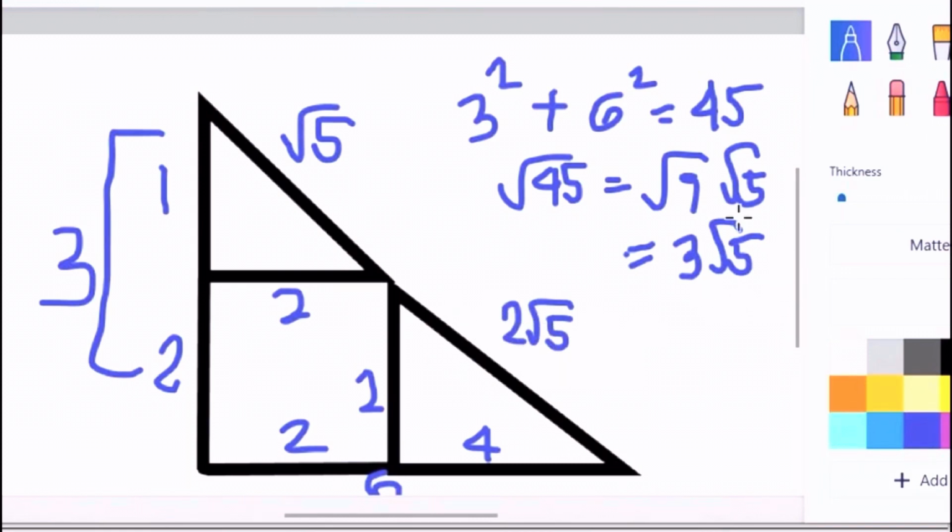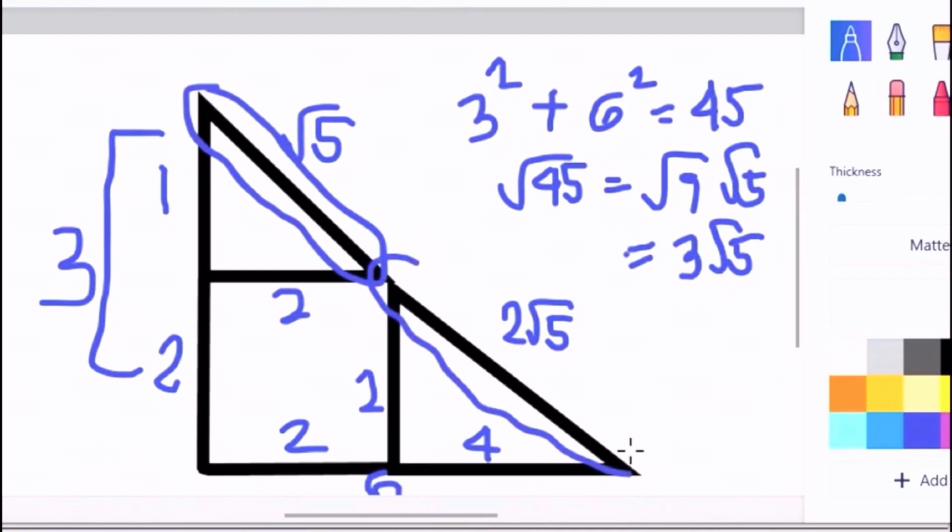We add them, 45. The square root of 45 is the square root of 9 times the square root of 5, and the square root of 9 is 3, so 3 square root of 5. So we can say that the square root of 5 plus 2 square root of 5 equals 3 square root of 5.